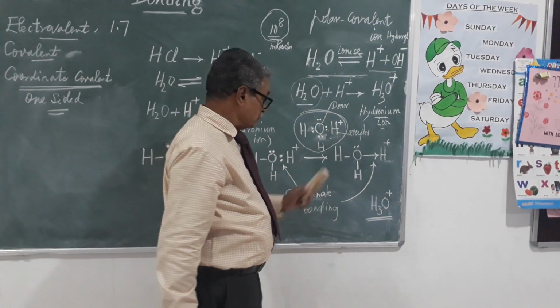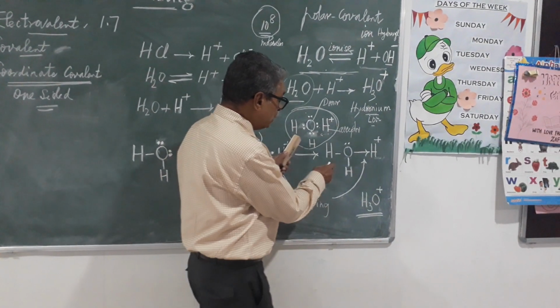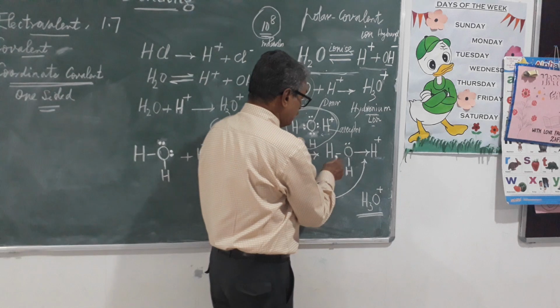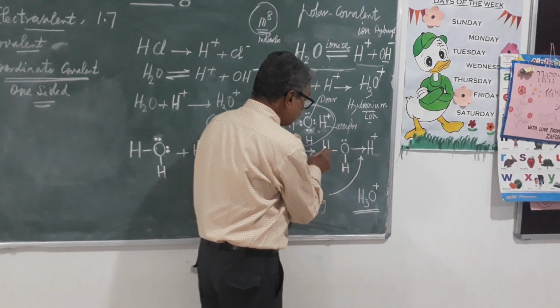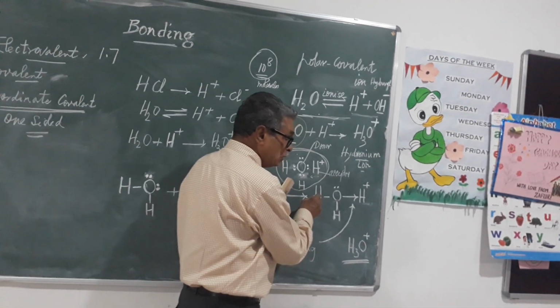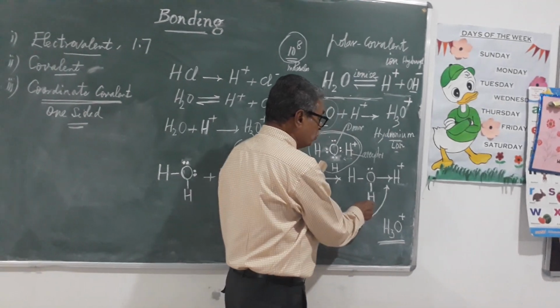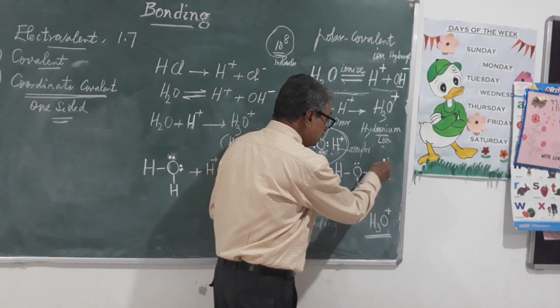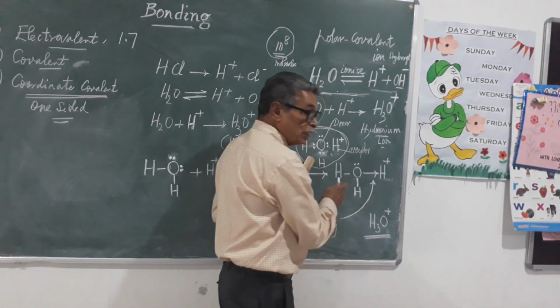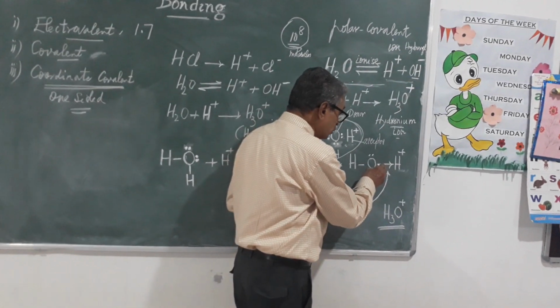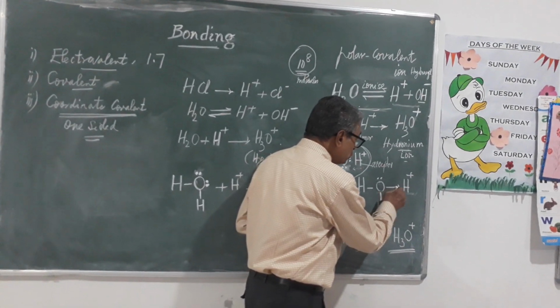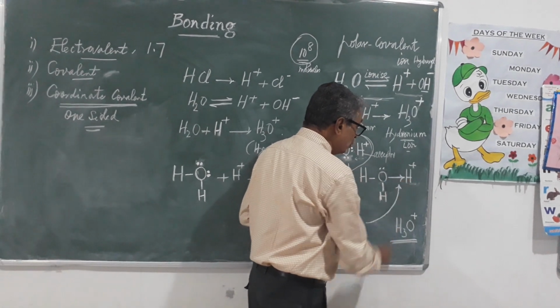This is sharing properly, a covalent bond, this is sharing properly, a covalent bond, and the hydrogen is sharing without giving electrons, it is sharing oxygen's electrons. So this becomes what we call coordinate bonding.